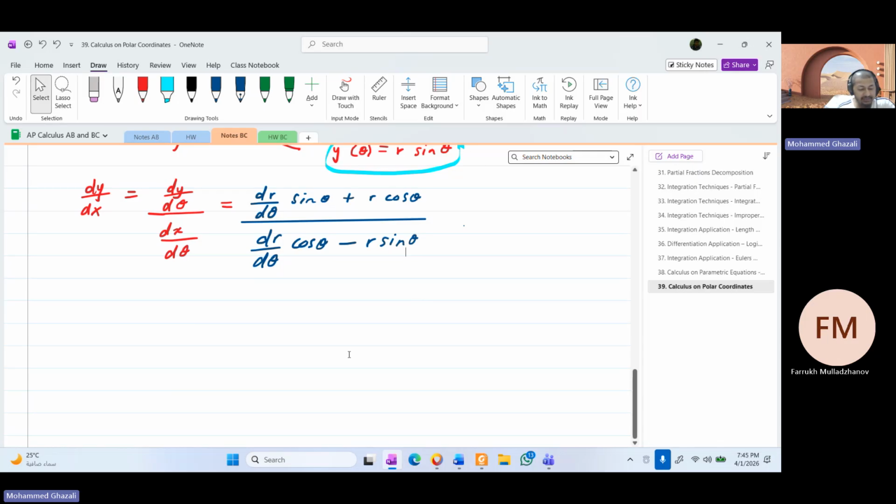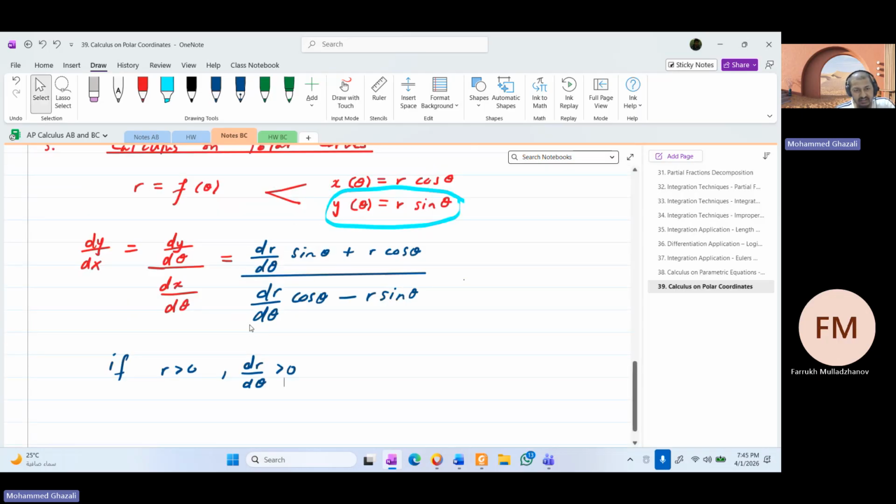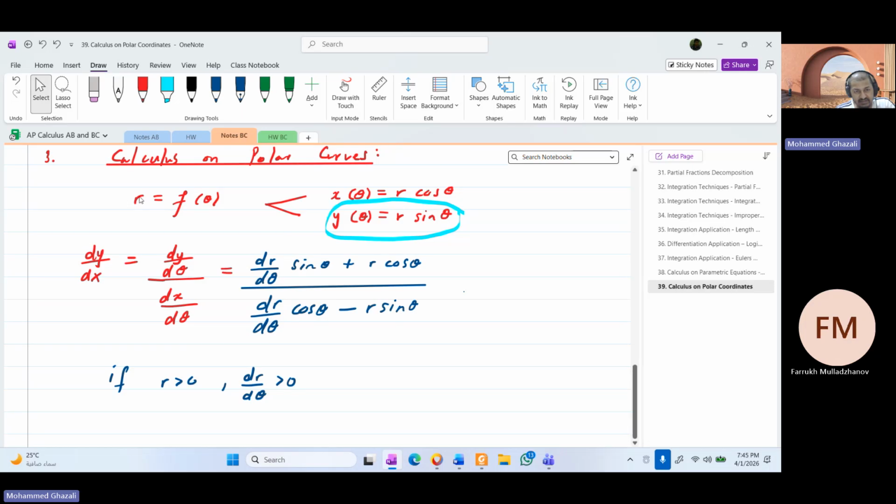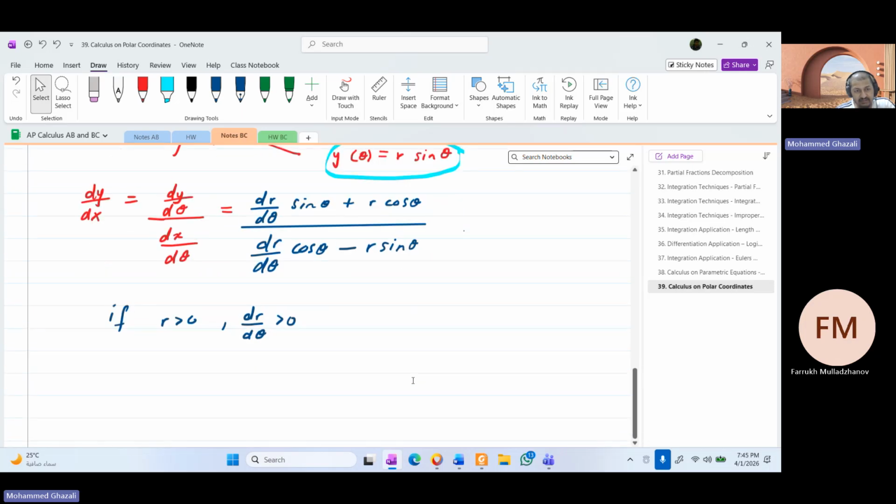Now, if there are conditions, if r is positive and dr/d theta is also greater than 0, what does dr/d theta mean? We're finding the derivative of the function here, dr/d theta, right?